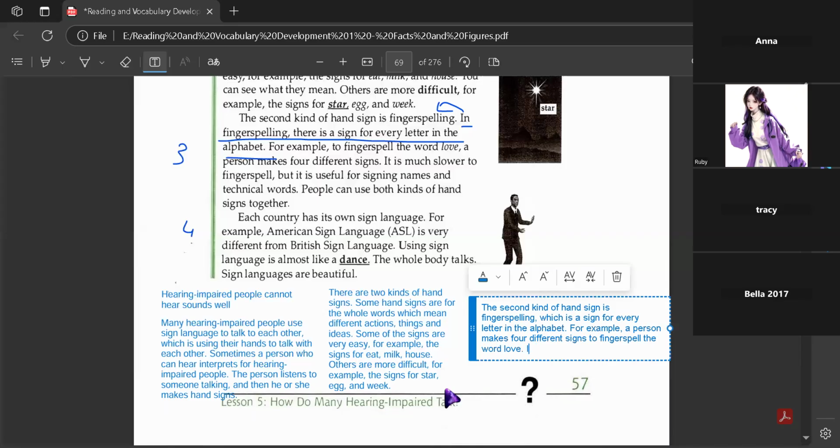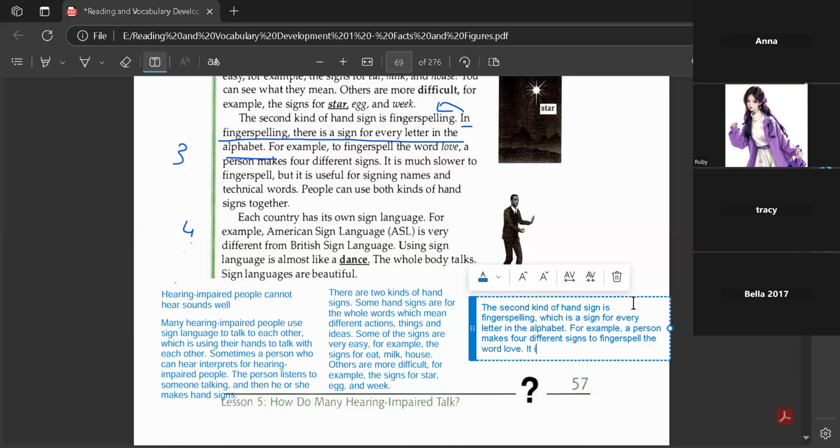The next one: it is much slower to fingerspell, but it is useful for signing names and technical words. People can use both kinds of hand sign together. These are two different sentences, and we cannot link them, so we're just going to rewrite it.